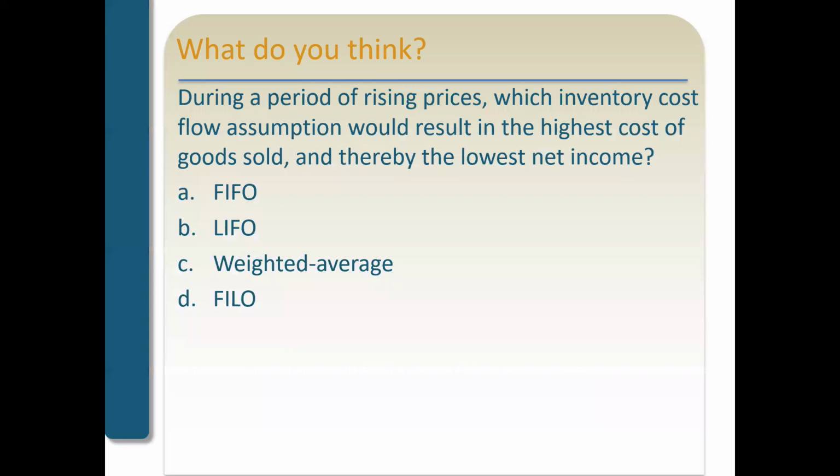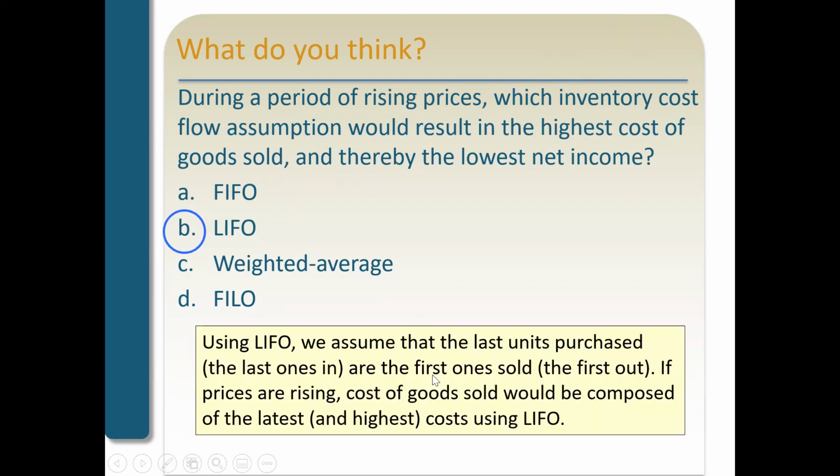Okay, so guys, what do you think? During a period of rising prices, which inventory cost flow assumption would result in the highest cost of goods sold and thereby the lowest net income? LIFO, exactly.